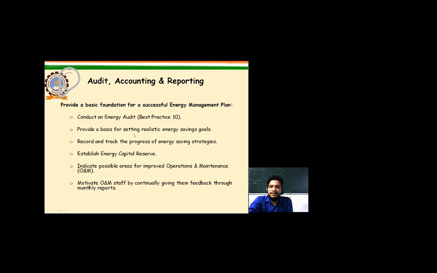Basically, it provides a basis for setting realistic energy savings goals and to record and track the progress of energy saving strategies. Establish an energy capital ledger. The next point says indicate the possible areas for improved operations as well as maintenance. And the last point is related to the motivation of operational management staff by continually giving them feedback through monthly reports.